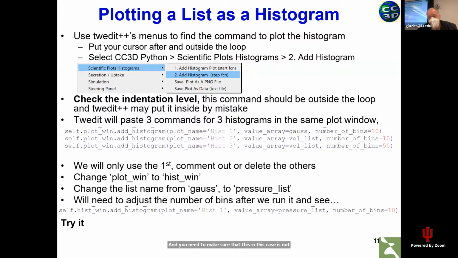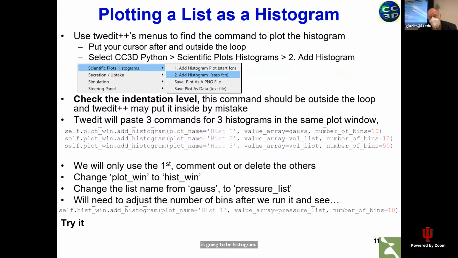You don't want the histogram plot to be inside a loop because you've already done the loop in creating the list. And there you have the plot name, which has to match what you created the data series with. The value array, which is the handle for the list which is going to be histogrammed, and then the number of bins.